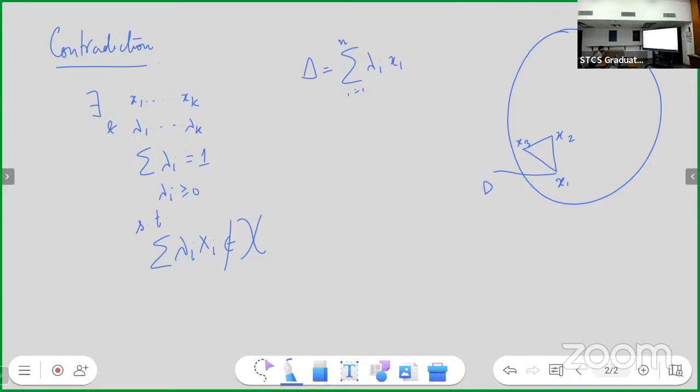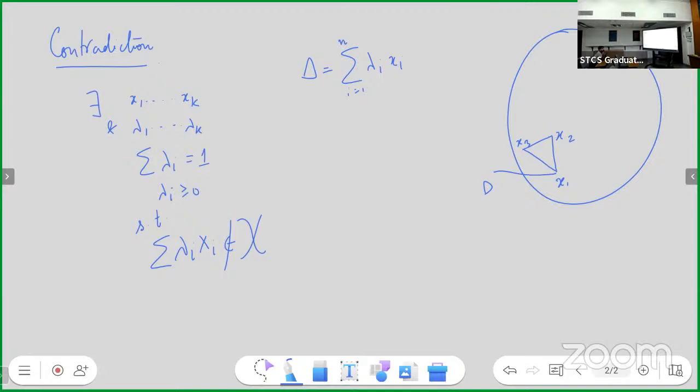Because capital X is also a convex set that contains these three points, so the convex hull will be contained inside X. That is true. So delta cannot be outside; that is the concept. Delta will be sitting inside. So that's one way of doing this.